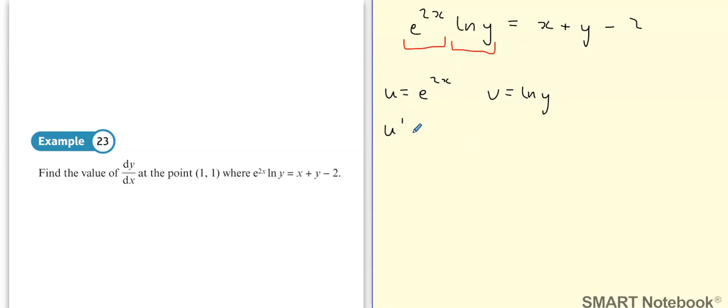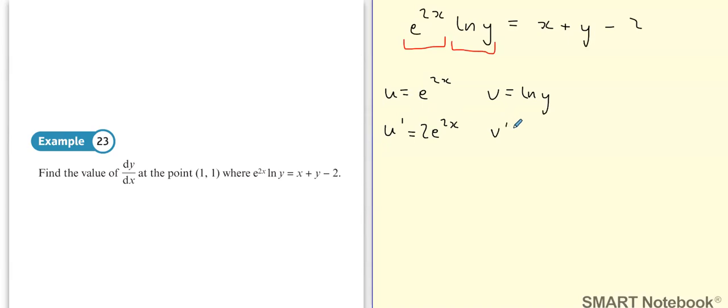Can you please tell me what is u dash going to become in this case? Type that in the chat, please, everyone. So we get 2e to the 2x. So that's good. Everyone's got that, good.